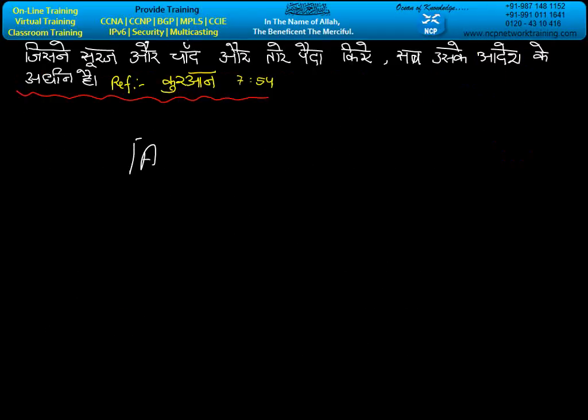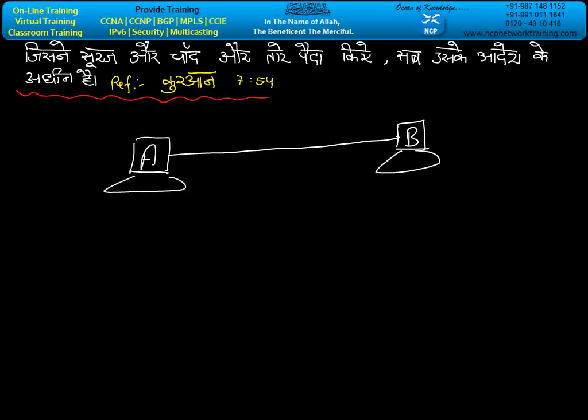Let's say we have 2 machines, machine A and machine B. We want to exchange information between the 2 machines. We need 3 things. 1, IP address must be unique.